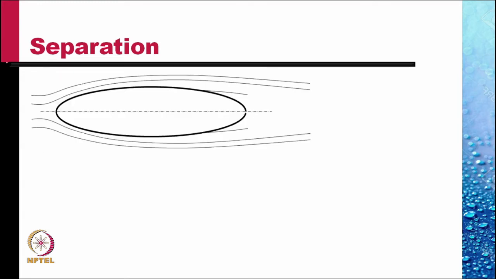Consider this two-dimensional body. The flow about this separates at these 2 points. And this separation is because of a flow reversal on the surface of the cylinder.